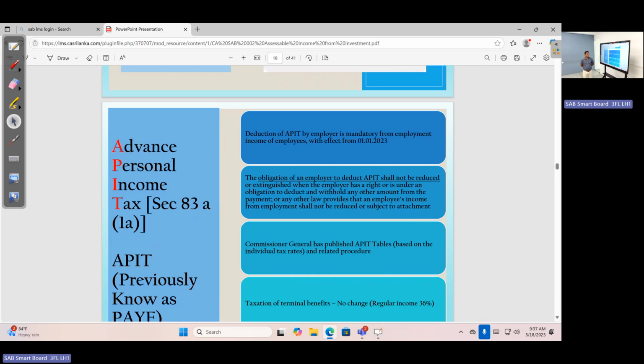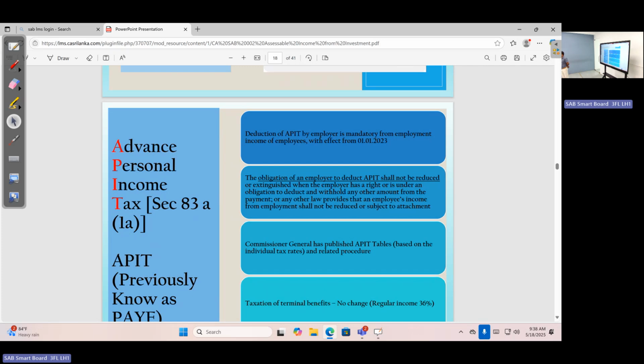The obligation of an employer to deduct advance personal income tax shall not be reduced or exceeded when the employer has a right or is under an obligation to deduct and withhold any other amount from the payment under any other law, provided that an employee's income from employment shall not be reduced or subject to attachment. That means the employer's responsibility cannot be taken out.